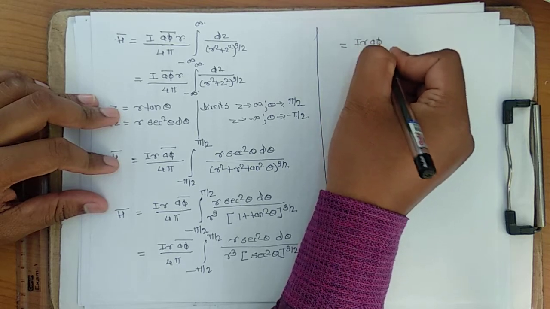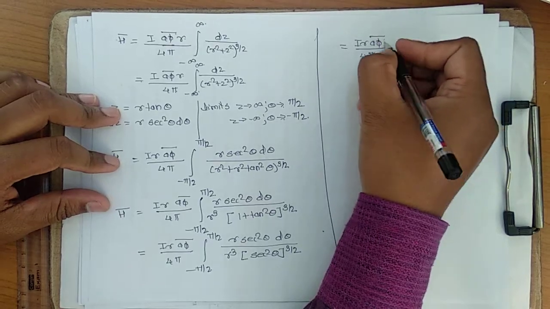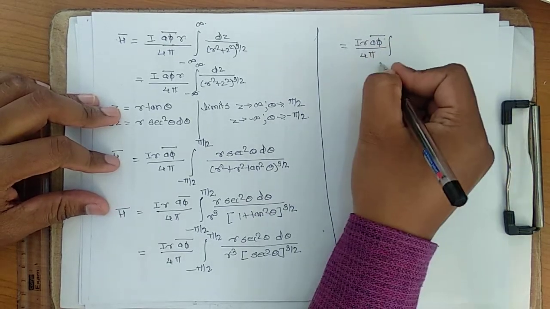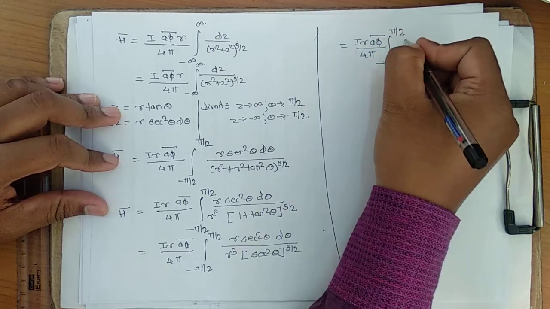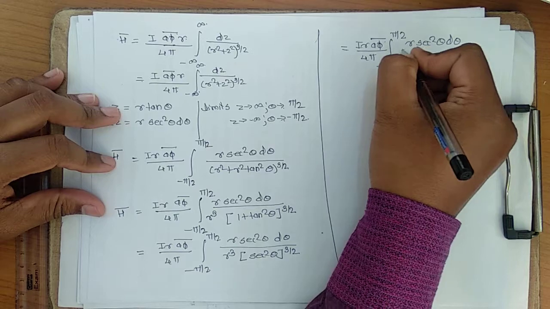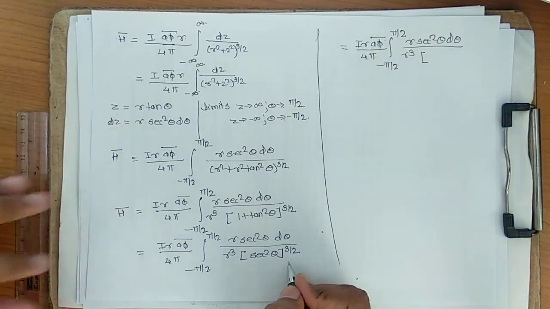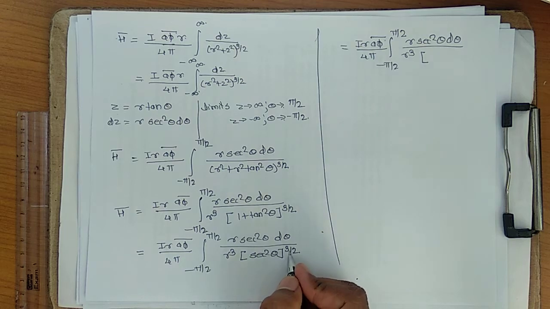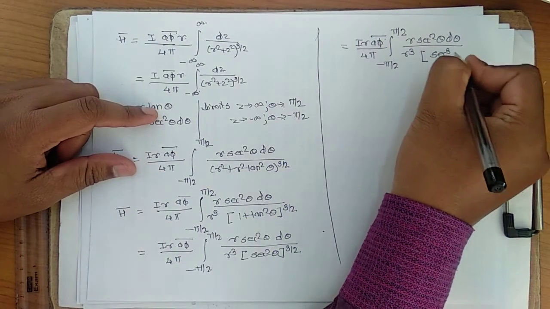I a phi bar by 4 pi, integral from minus pi by 2 to plus pi by 2 of r sec square theta d theta divided by r cube. Now what is sec square theta raised to 3 by 2? The sec square gets cancelled, and it will be sec cube theta.